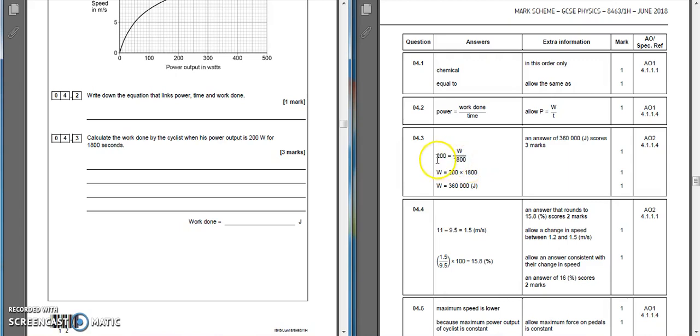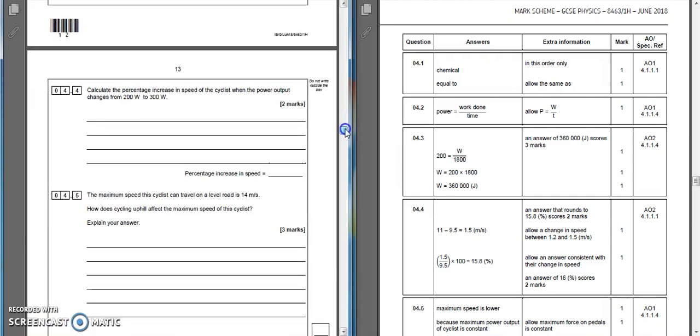You'd take that 200, multiply it by 1800, and that would give you an answer of 360,000 joules. That should not be surprising, because joules are a really small amount. So the work done for the 1,800 seconds, 360,000 joules, is a pretty sensible sort of number to get.